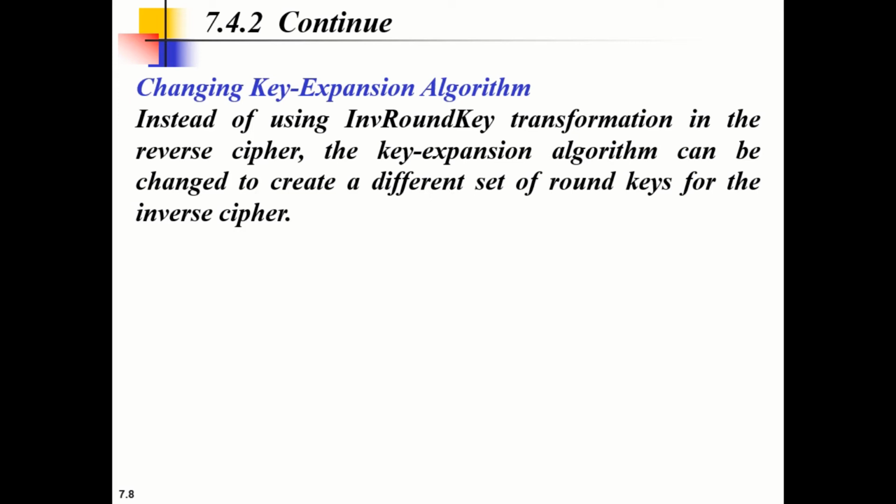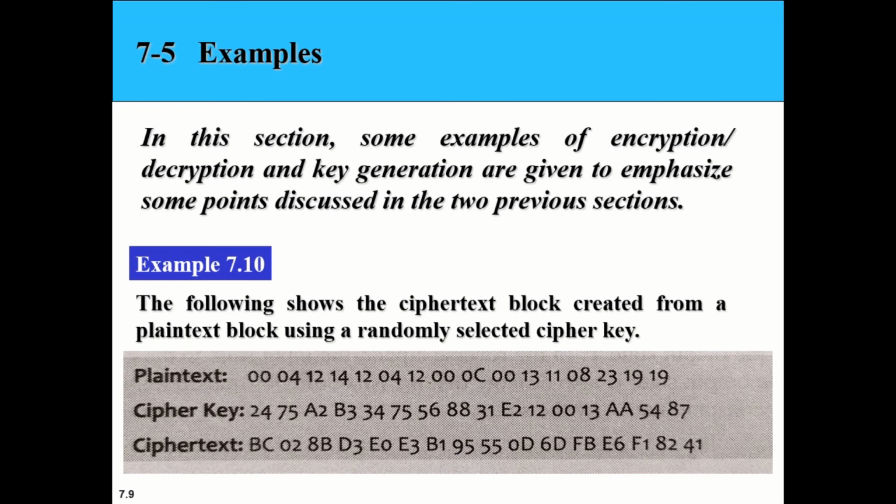So we can create a different set of round keys for the inverse cipher, which will have no relation to the key we have used on the encrypting side, right? So we can change this key expansion algorithm as well. But this is just for your knowledge that the structure of AES can be changed in any way. Okay, but you need to understand the basic structure of AES compulsorily, right?